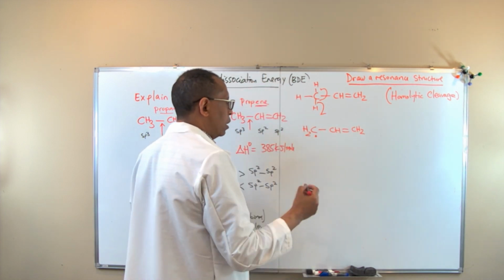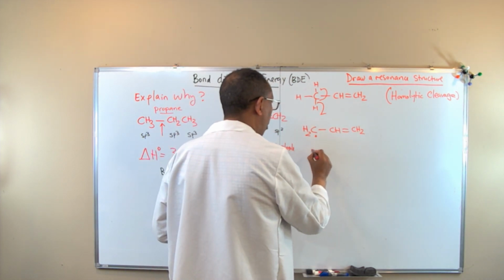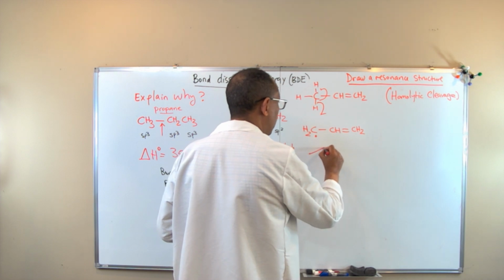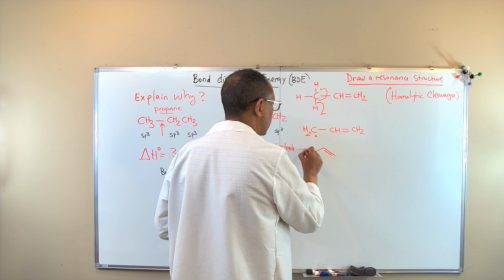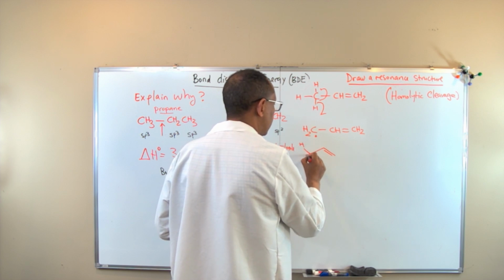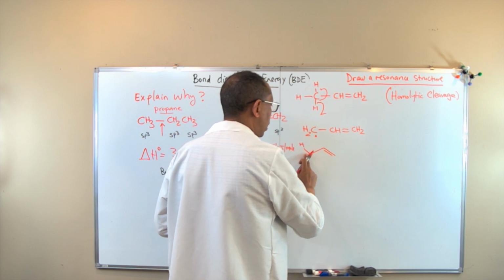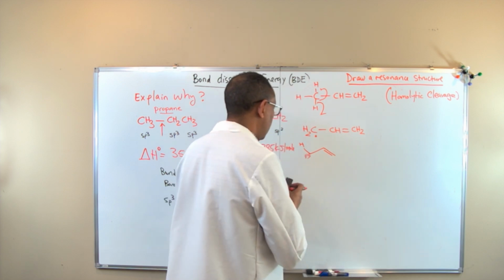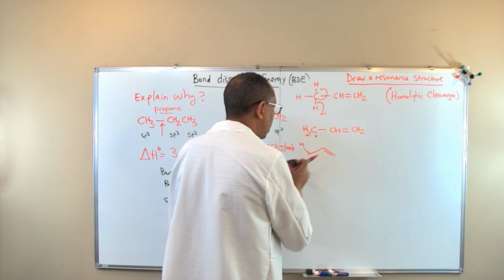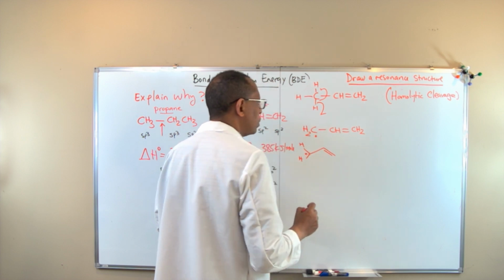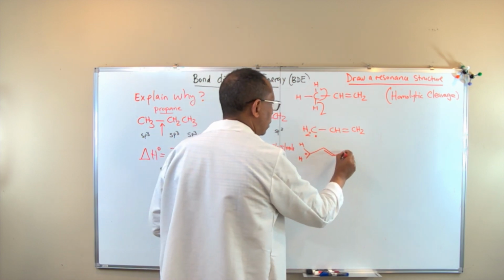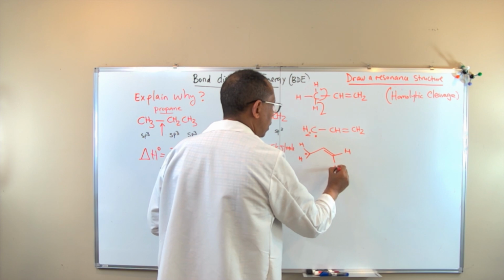So if you just write it in a very common way of drawing, you have this: two hydrogens right here and a radical. Obviously there are two hydrogens here.